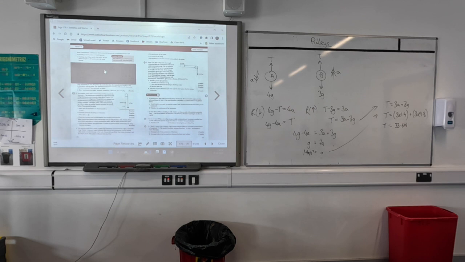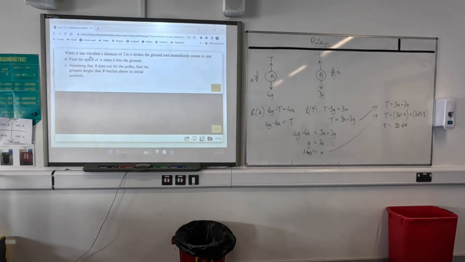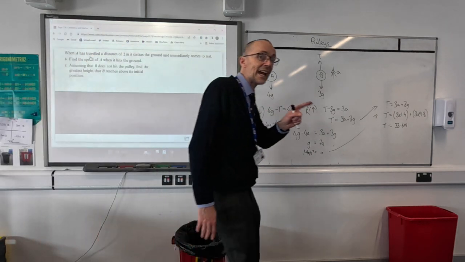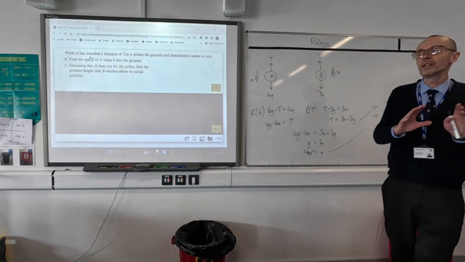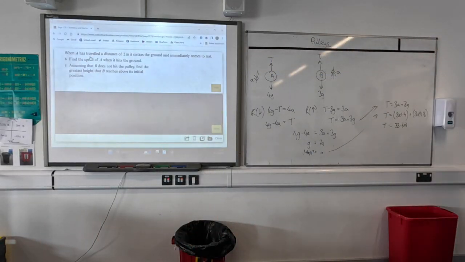So what are we expected to do at this point? When A has travelled a distance of 2 meters, it strikes the ground, and we want to know the speed of A when it hits the ground. So this is SUVAT, just like we did at the beginning. We know that it started at rest, so u is going to be 0, which makes it a little bit easier.